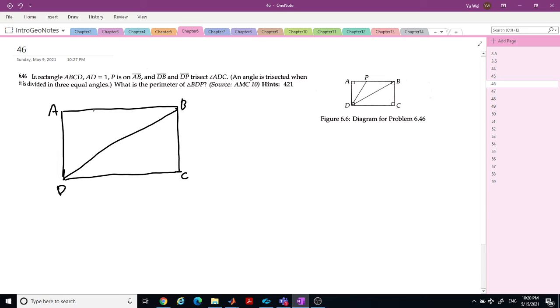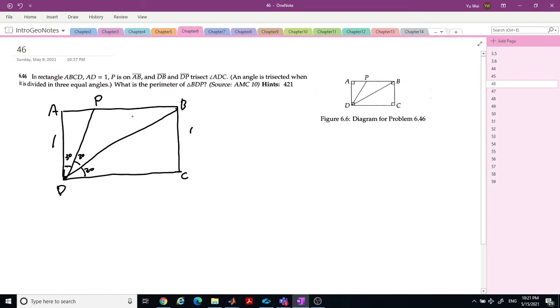Okay, so we have a P. Since we trisected this angle, right? So we know it is 30, 30, and 30.